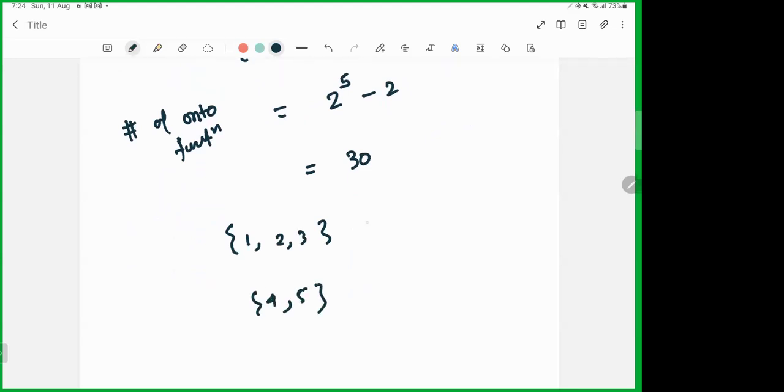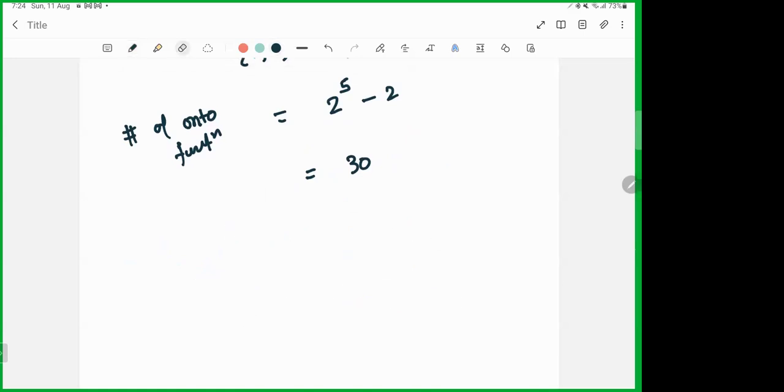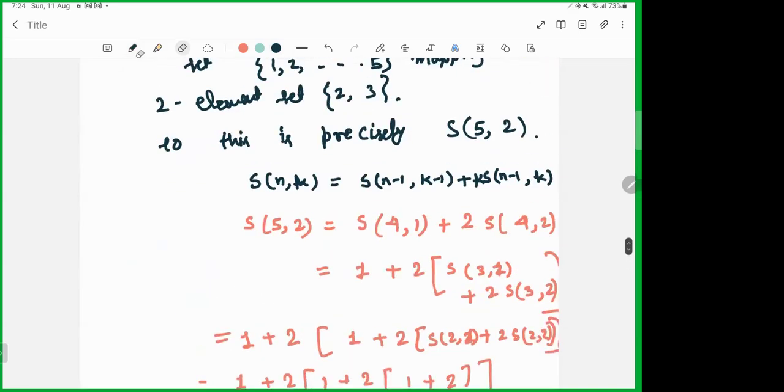This block is going to 2, this block is going to 3. Another choice is this block is going to 3, this block is going to 2. So we have two choices for each block, right? Yes.